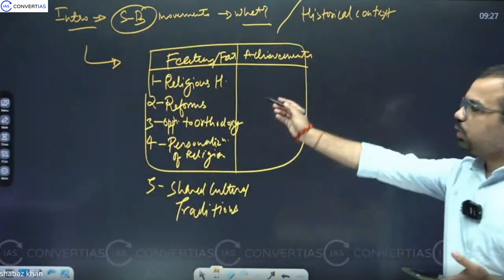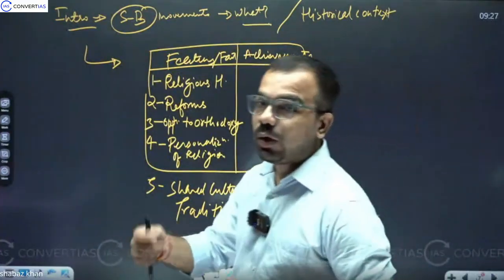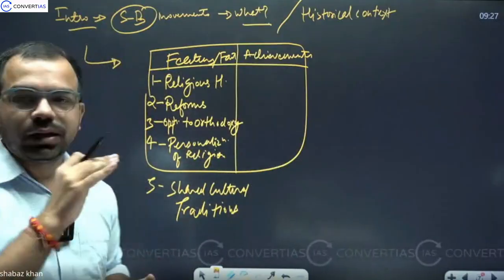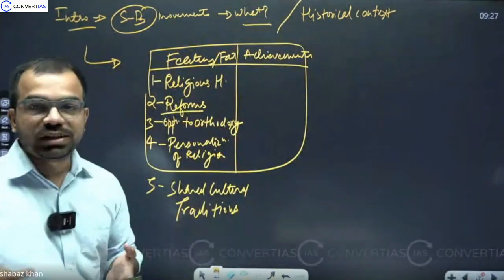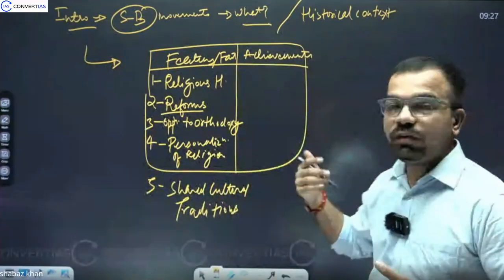Can you write down their achievements? How exactly did they create religious syncretism? How exactly did the reforms lead to a change in status and to women empowerment?